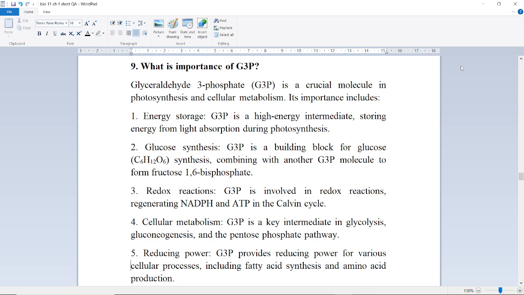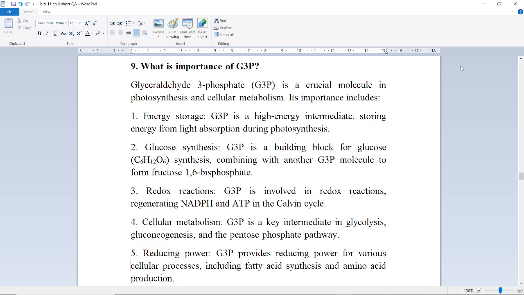Glucose synthesis. G3P is a building block for glucose, C6H12O6, synthesis, combining with another G3P molecule to form fructose 1,6-bisphosphate. Redox reactions. G3P is involved in redox reactions, regenerating NADPH and ATP in the Calvin cycle.